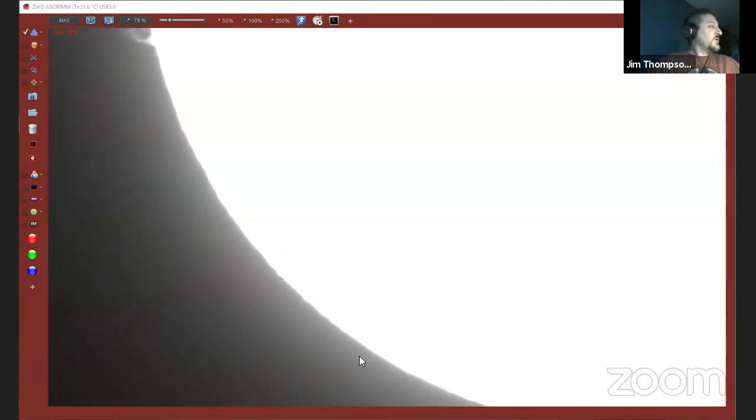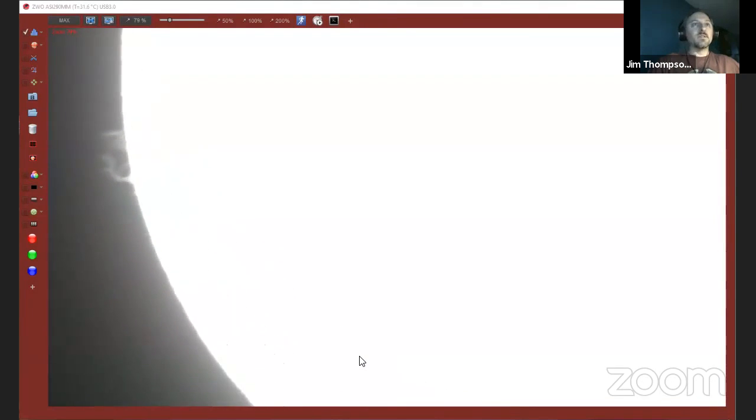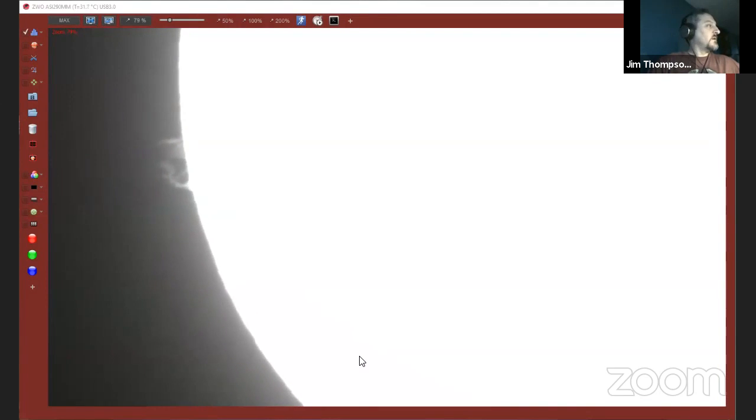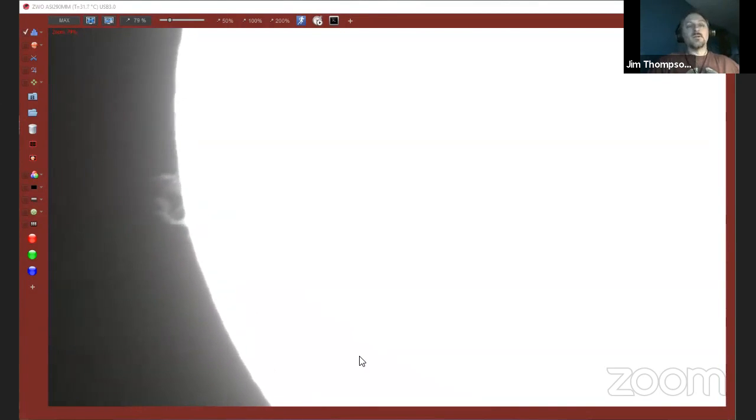Now you can also see prominences in calcium K, but they have to be quite bright. So this prominence that we have today is not very bright, so we wouldn't be able to see it in calcium K. But if it was really bright, we would.